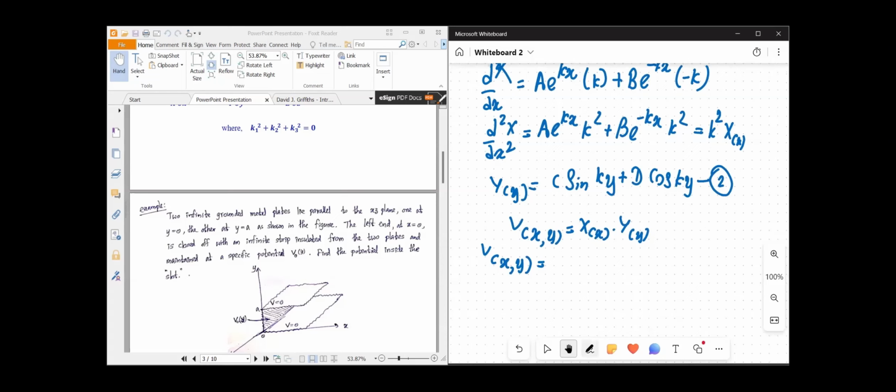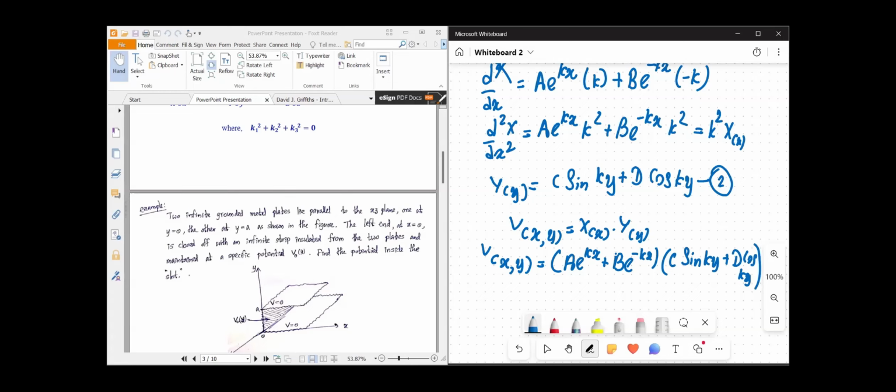Function of x is a e to the power kx plus b e to the power minus kx, and function of y is c sine ky plus d cos ky.